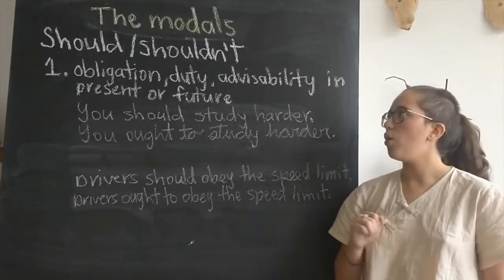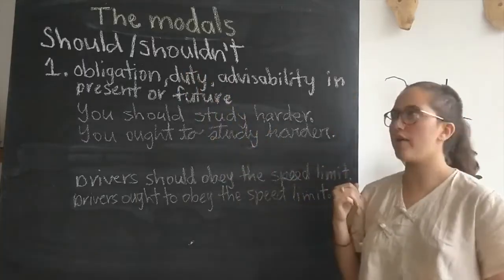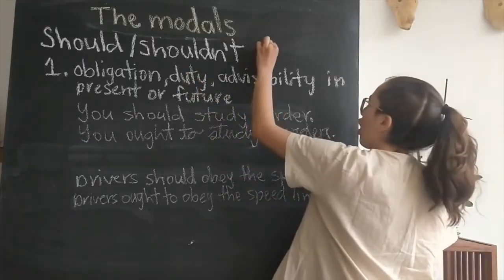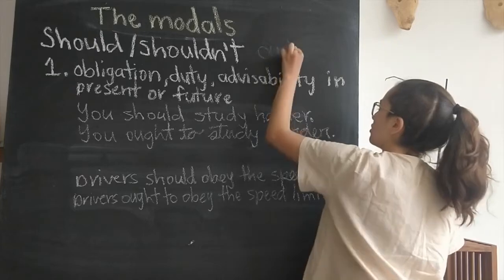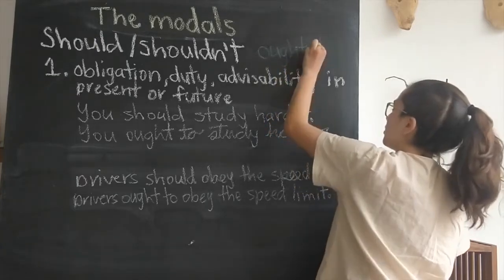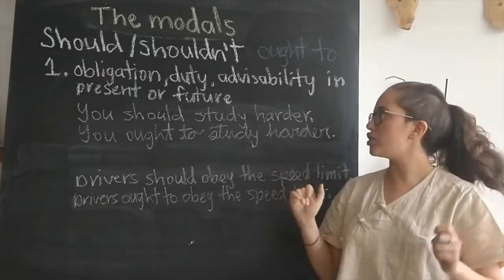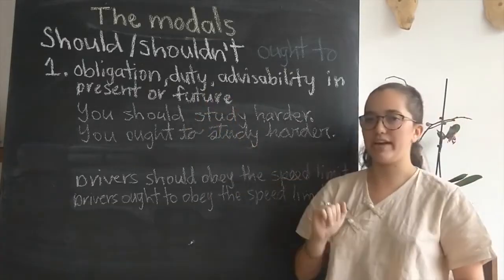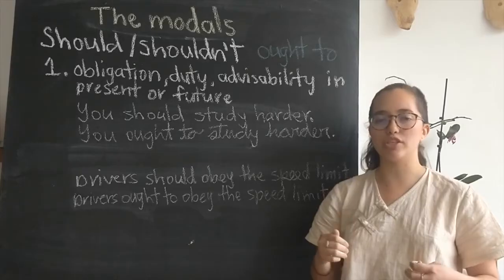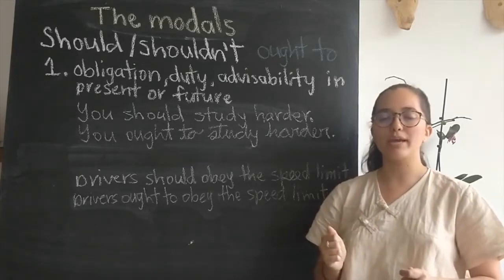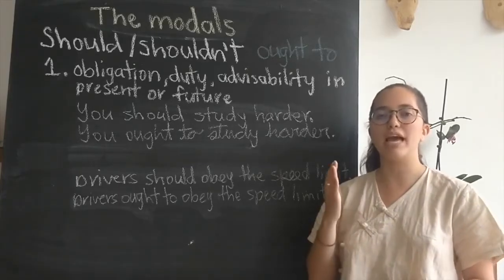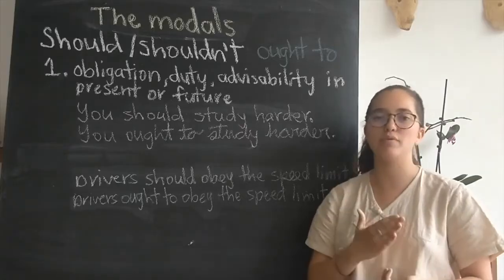Now remember, should, shouldn't is very similar to ought to. These can express a range of degree of advisability. It can either be just a suggestion or it can be a command, an obligation, something that has to be done.